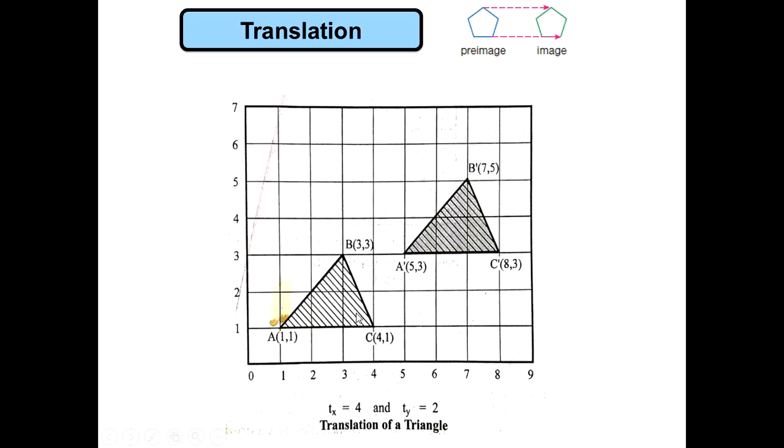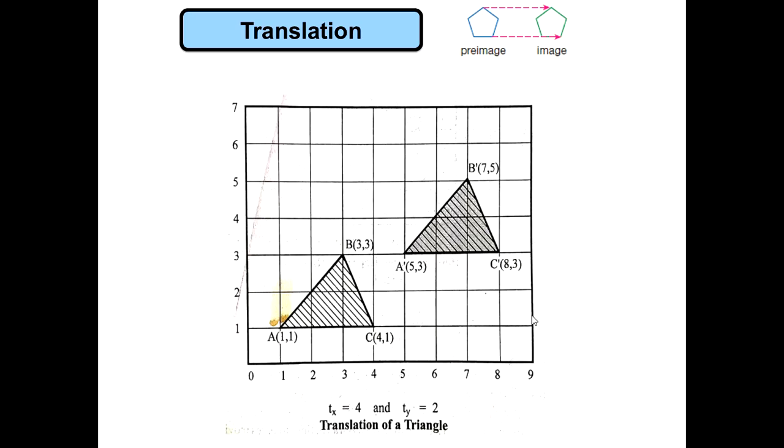Okay, so you will get the final position, this one. How can we obtain this? By adding the 4 to the x coordinate, by adding the 2 to the y coordinate. Okay, so this is your final translation for the triangle A, B and C.